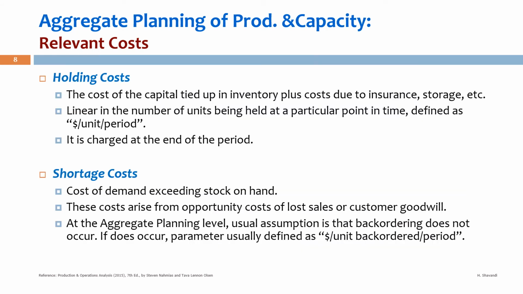The holding and shortage cost definitions are exactly the same as before. If we hold some items from one period to the next, there will be holding costs. Or if we have a shortage in a period and then satisfy this shortage demand in the future, there will be shortage cost. Okay.